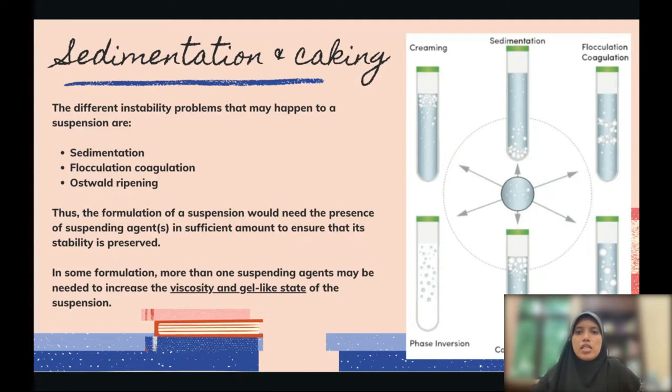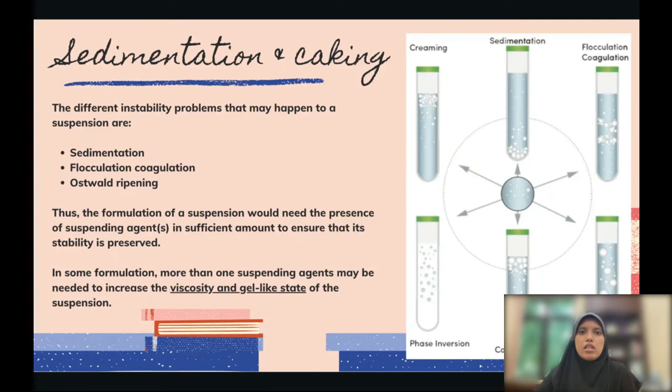This eventually will lead to problems in ensuring the uniformity of the dose that we measure when we want to administer the drug to the patient. So it is very important for us to make sure that the particles present in a suspension have a uniform size, without much difference between each other.